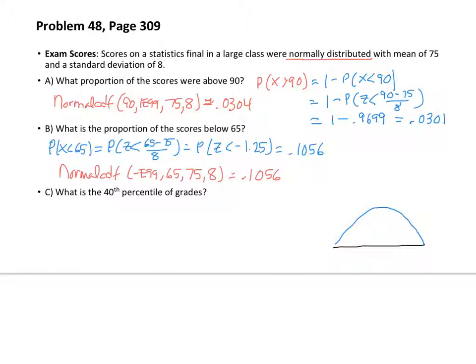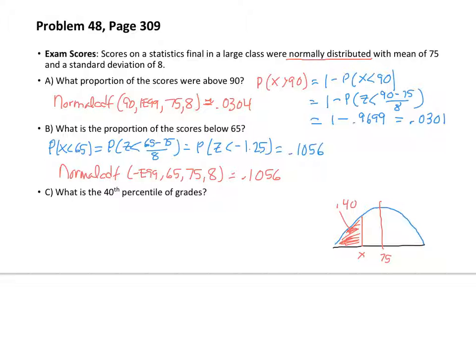So essentially what we're starting out at, here's 75, and so now we're looking at a value of x where the area is 0.40. So it says what's the 40th percentile of grades. So we're actually looking for this area.